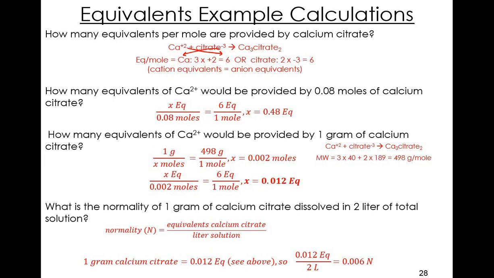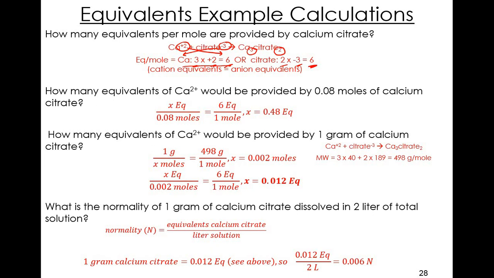And then we can use either the cation, subscript 3 times superscript 2, gives 6 equivalents per mole, or we can use the citrate side. 2 citrates times their charge of 3 each gives 6 equivalents per mole. Either way, you get 6 equivalents per mole, which is going to be true for any neutral salt, and most of them are neutral.